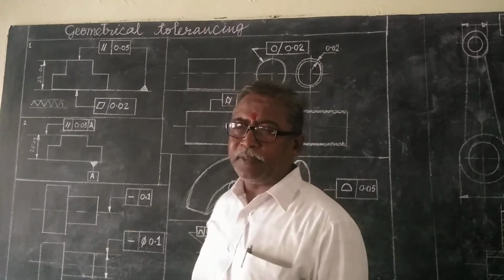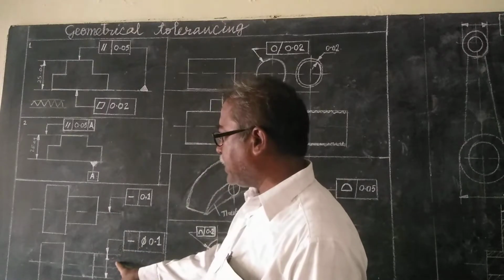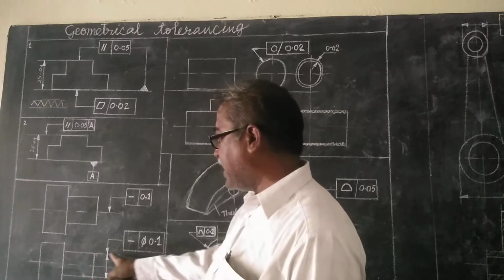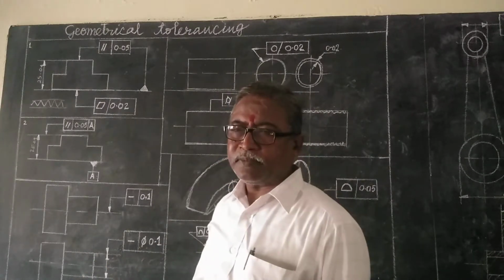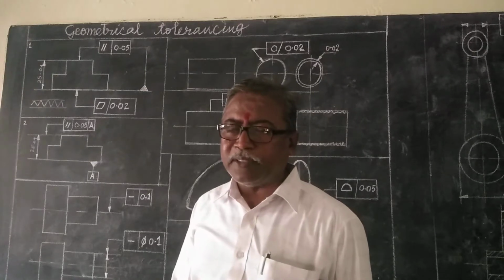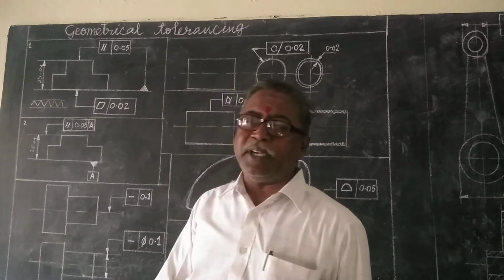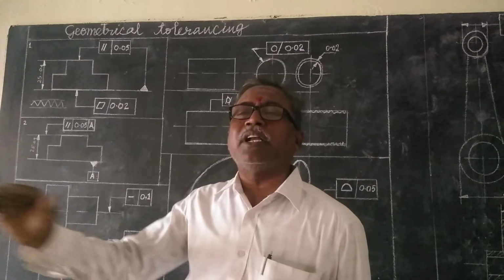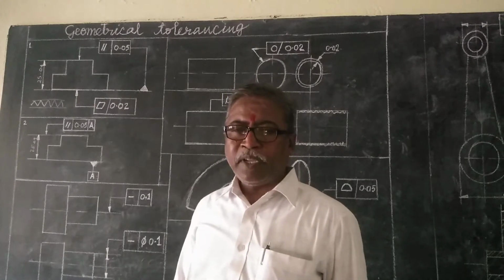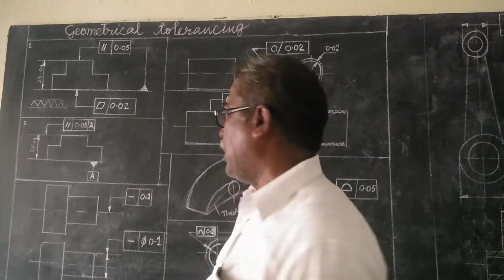Then here the straightness is shown to the diameter. That's why the diameter is mentioned here. Keep that one in the mind. Sometimes they will show on the diameter, sometimes on the axis. When the axis is straight, that one also will be straight. So that is the straightness symbol.